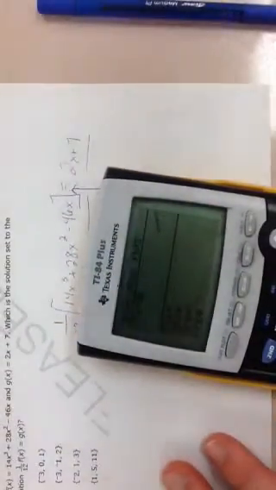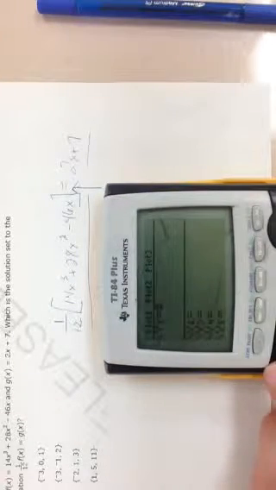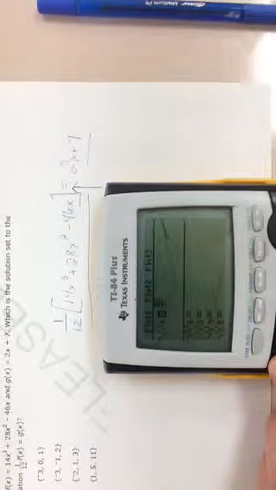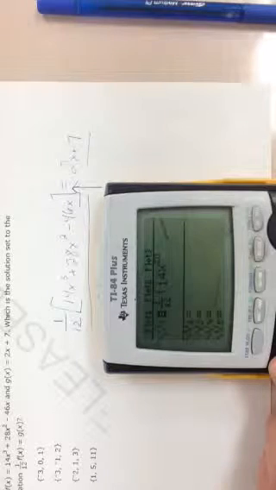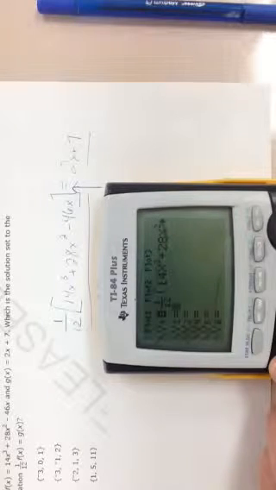So I'm going to put in 1/12, so alpha y equals, to get a fraction, 1/12, and then parentheses 14x to the third plus 28x squared minus 46x. And then on the other side, I'm going to put 2x plus 7.